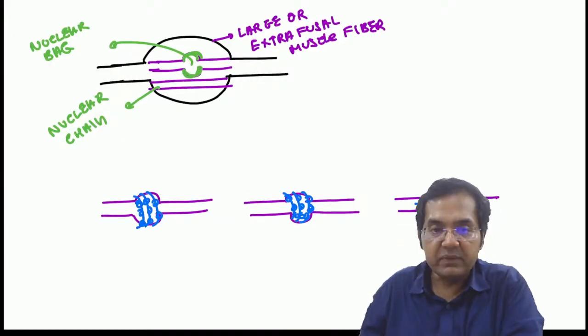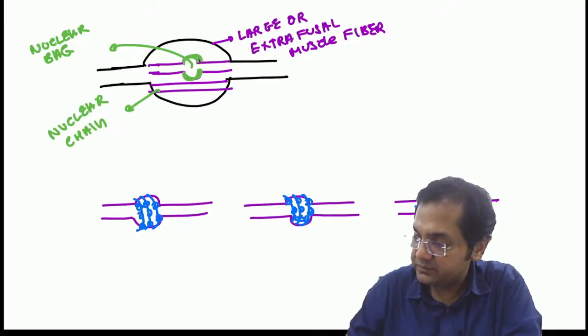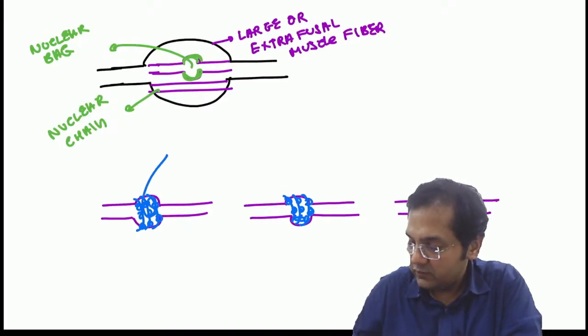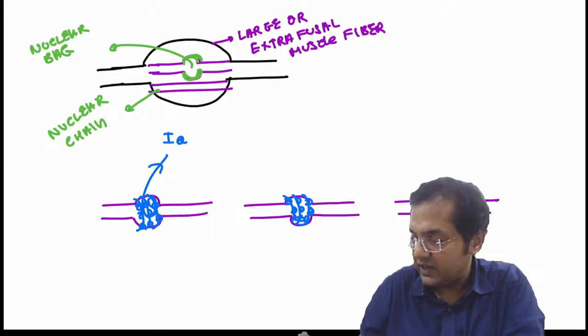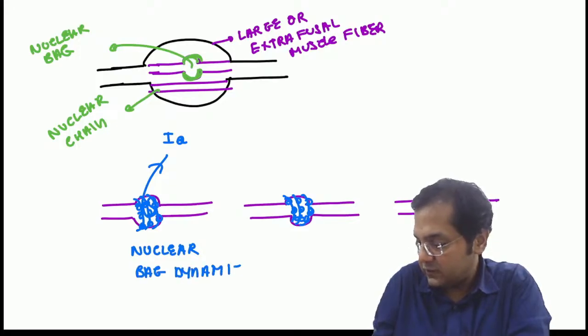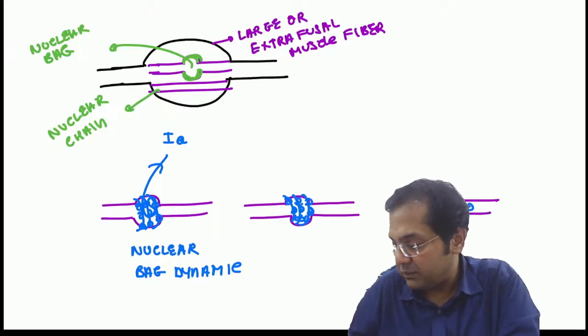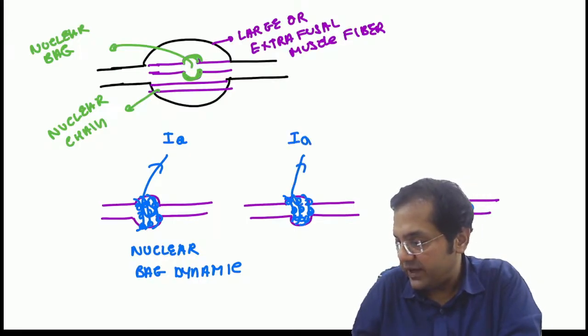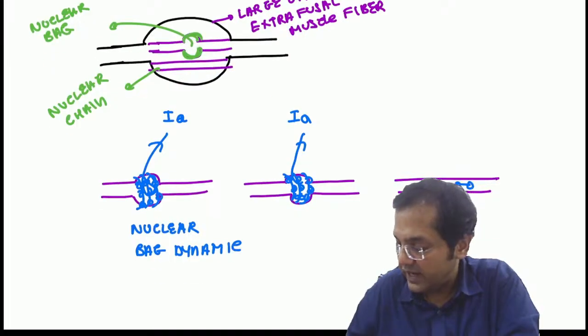Okay? Just remember the afferents and efferents. The first one, afferents are 1A. This is nuclear bag dynamic. This is also having a bulge. It is having two afferents, 1A and type 2.